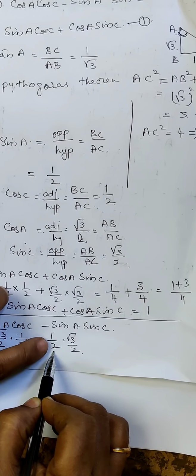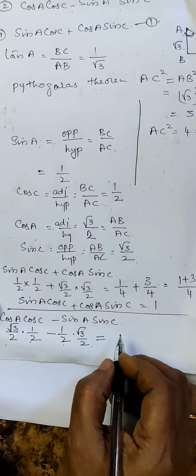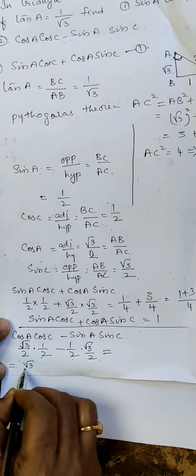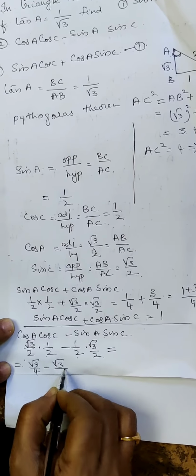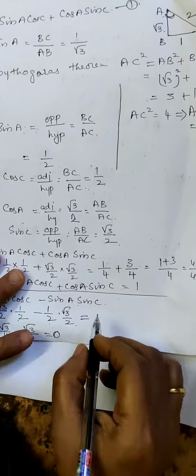Sin A means BC by AB, 1 by 2. Sin C means root 3 by 2. So this is equal to root 3 by 4 minus root 3 by 4, which is equal to 0. So the value of the second equation is 0.